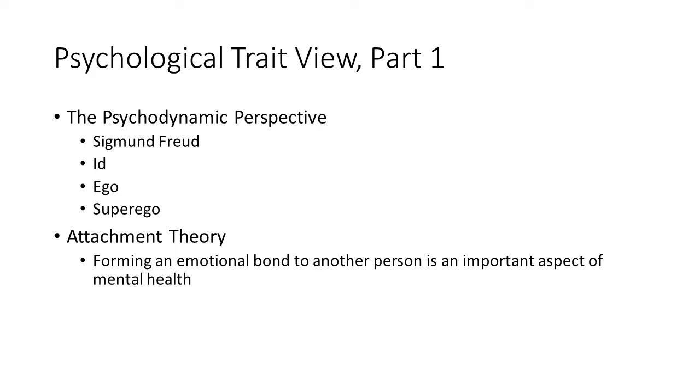The id seeks instant gratification without concern for the rights of others. The ego develops early in life, when a child begins to learn that his or her wishes cannot be instantly gratified. The ego is the part of the personality that compensates for the demands of the id by helping the individual keep his or her actions within the boundaries of social convention.